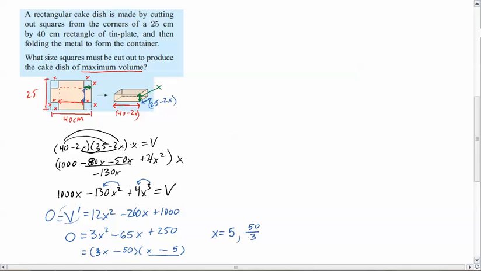All right, so let's go ahead and do a sign diagram test and consider our options, because we want this to be a maximum volume. So if we take the derivative and we put 5 here and 50 over 3 there, we go ahead and plug in a number. Let's put in 0 because that's easy.